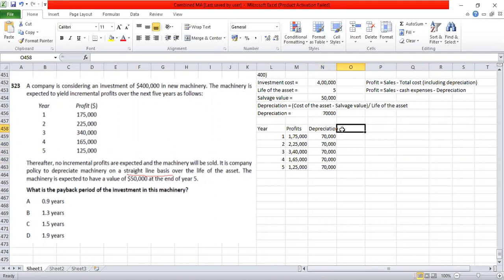Profit plus depreciation is equal to cash flow. So we want cash flow. Cash inflow is equal to profit plus depreciation.